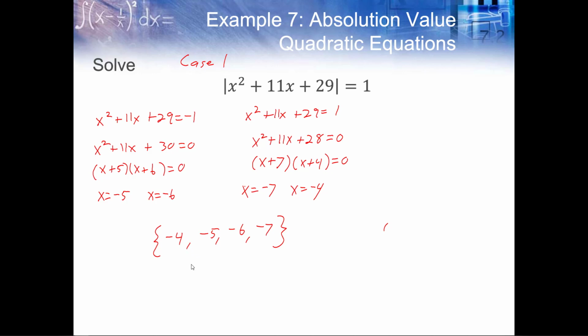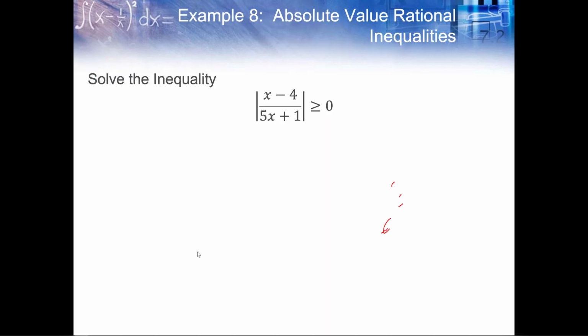And then finally, for our last example, we have an absolute value rational inequality. This one looks pretty intense, doesn't it? Well, let's check this out. Here we have the absolute value of x minus 4 over 5x plus 1 is greater than or equal to 0.